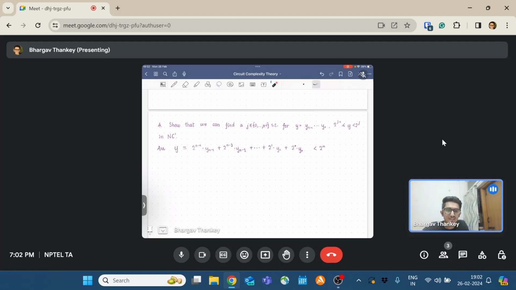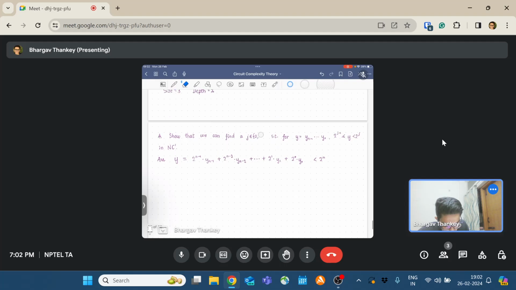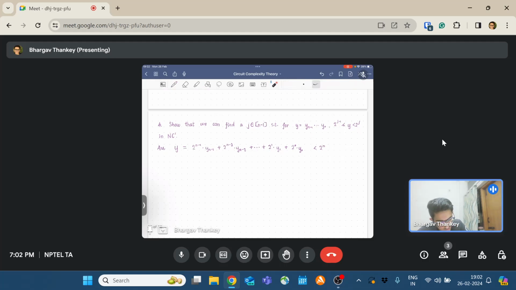Now, what's the smallest possible value of j? So y is less than 2 to the n, and y is also greater than 0.